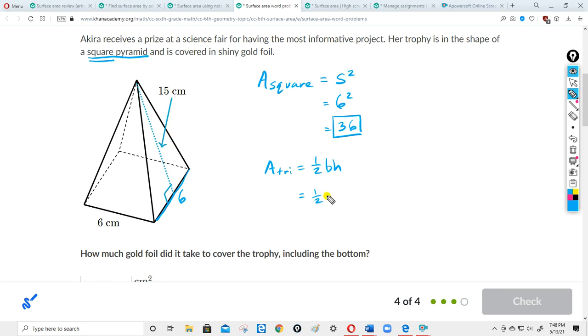So it's going to be 1/2 times 15 times 6. 1/2 times 6 is 3, times 15 is 45. And we have 4 of those triangles surrounding the pyramid: 1, 2, 3, 4. So you have to multiply the 45 times 4, and that gives us 180.